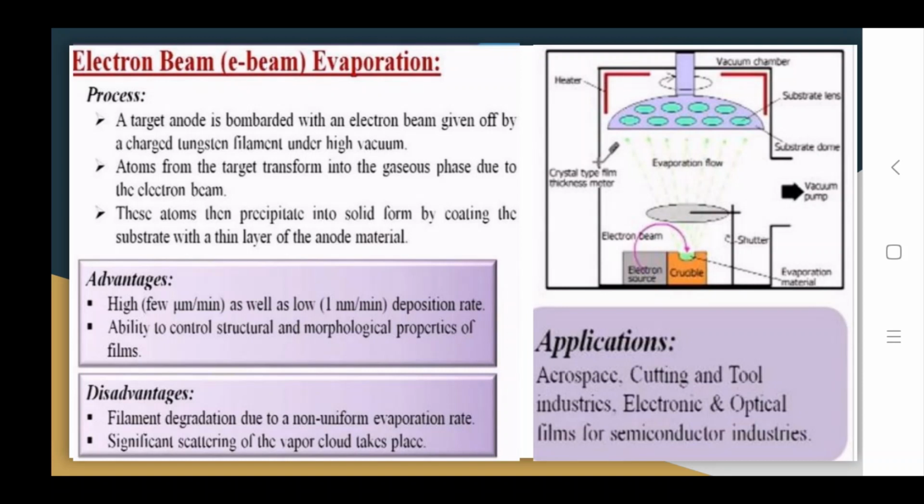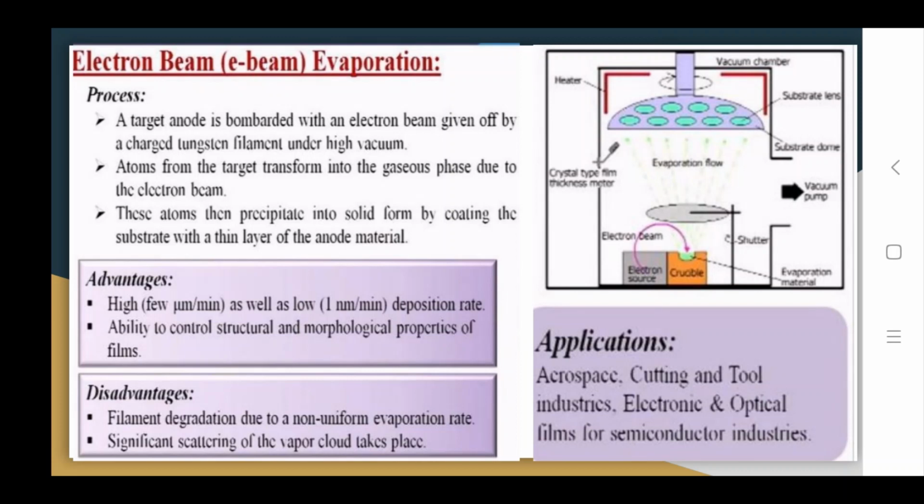Okay, again some disadvantages are also available. So what are those? Filament degradation due to the non-uniform evaporation rate, then significant scattering of the vapor takes place. Yes, sometimes the coating cannot be homogeneous, and a heterogeneous coating can be possible.